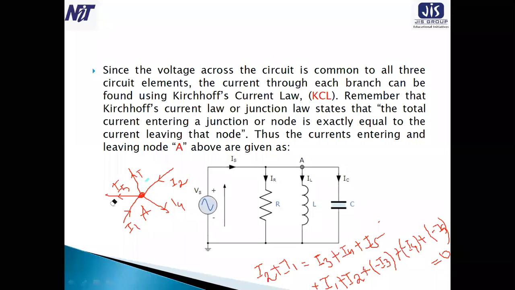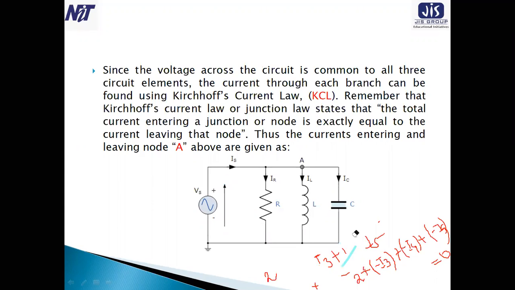Now here we are going to apply this Kirchhoff's current law. So how can we implement it in the circuit? We consider here a node A. The incoming current at node A is Is, and the outgoing currents are IR, IL, and IC.